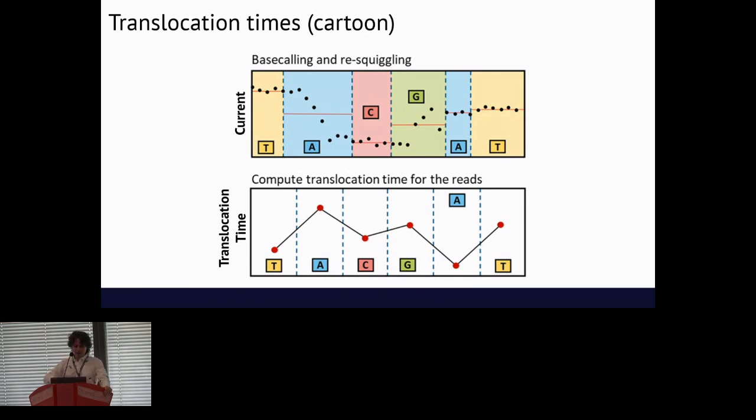So top is your squiggle and base call. Since this is a regular interval in which we're recording this charge, we're just going to count how many specific charge observations were taken for each base, multiply that by a frequency, and then we get a translocation time. So in the bottom plot, this is what we're after: for every base, the time that it takes to leave the pore.